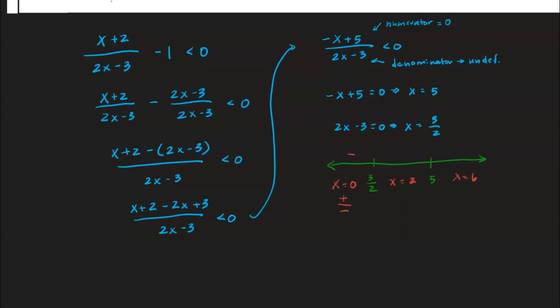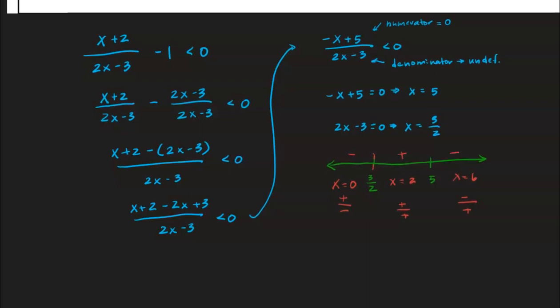So that's going to be negative. 2 is going to give me a negative 2 positive over a positive. So that's going to be a positive. And then after this, it's going to give me a negative over a positive. So it's going to give me a negative.